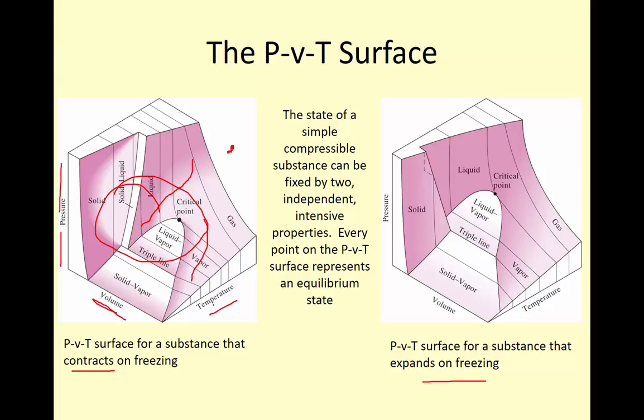However, if all we know is the pressure and temperature, we might know that we're somewhere along this line, or this line, or this line, but we would need to actually fix the state using a specific volume, because for the same pressure and temperature, we can have multiple specific volumes under the dome or in the saturated liquid vapor region, because pressure and temperature again are dependent during that phase change process.